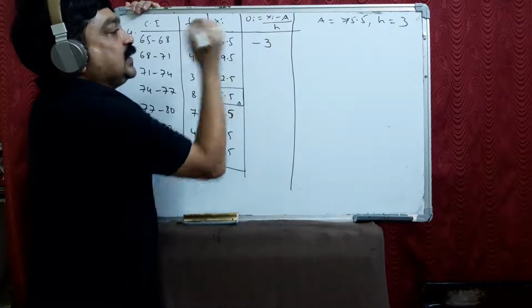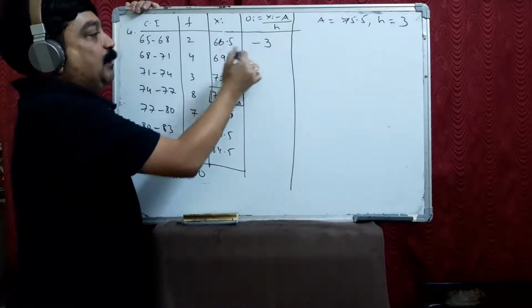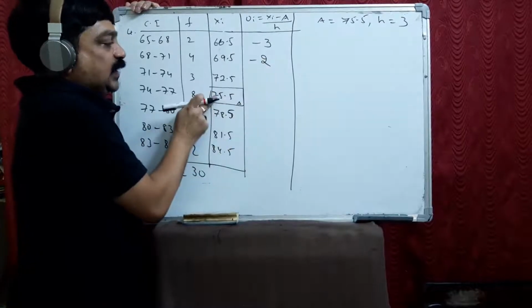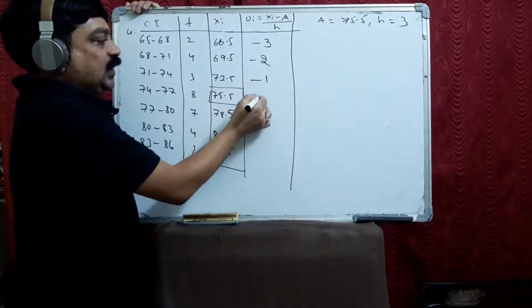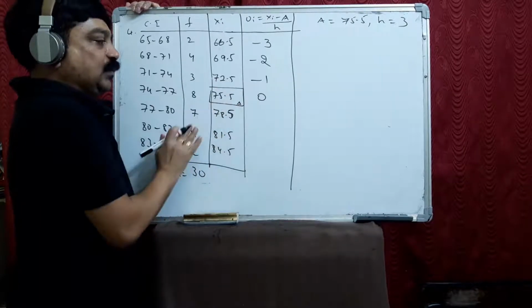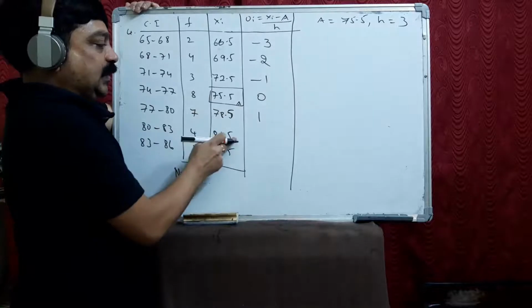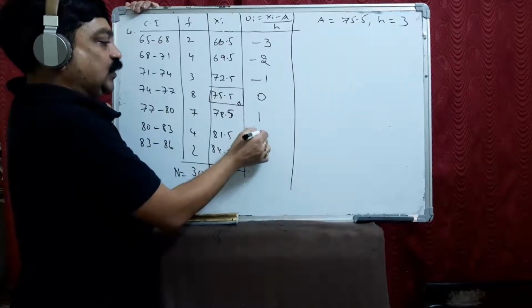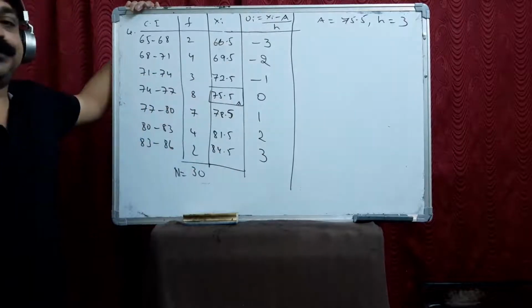It becomes minus 3. And this minus this becomes minus 6 by 3, which is minus 2. And this minus this is minus 3 by 3, minus 1. This minus this itself is 0. This minus this is 3 by 3, 1. This minus this is 6 by 3, 2. This minus this is 9 by 3, 3. Now the values become simpler.